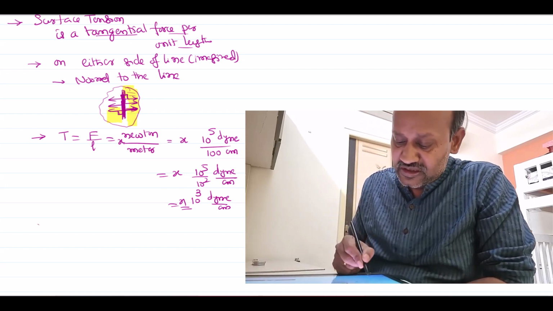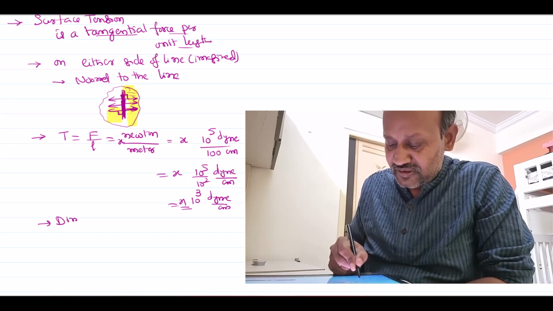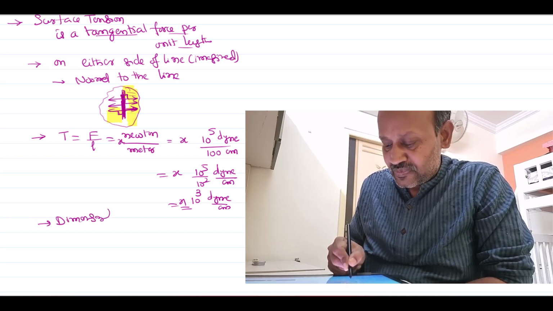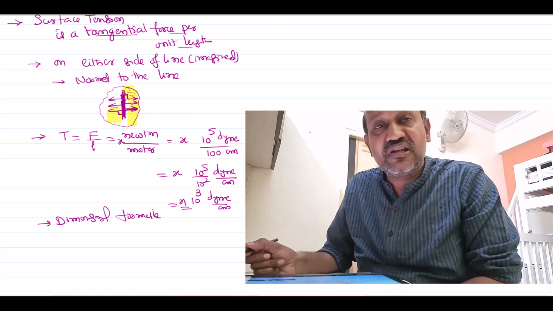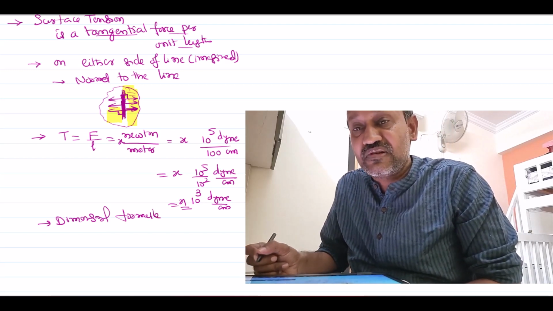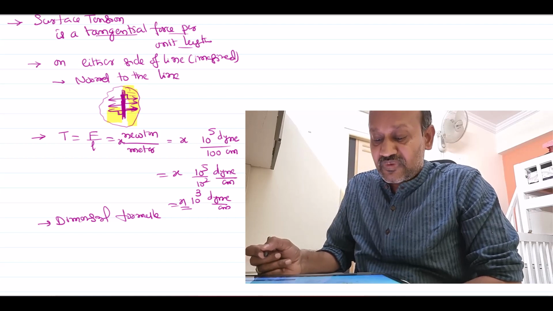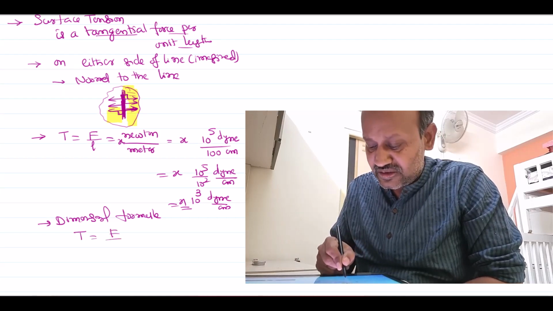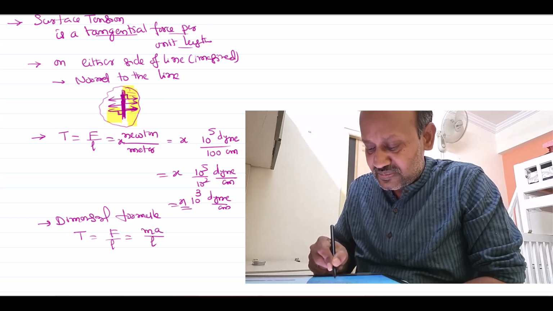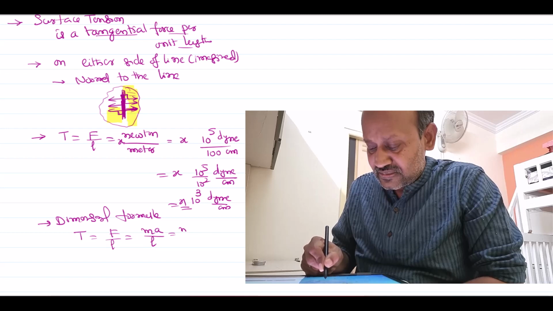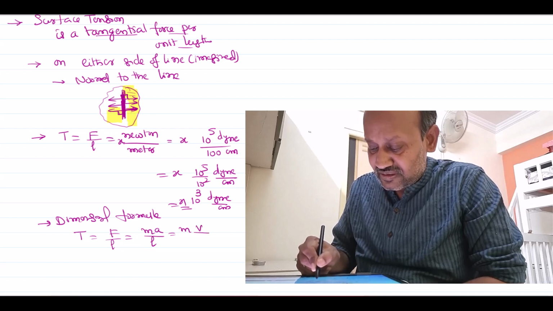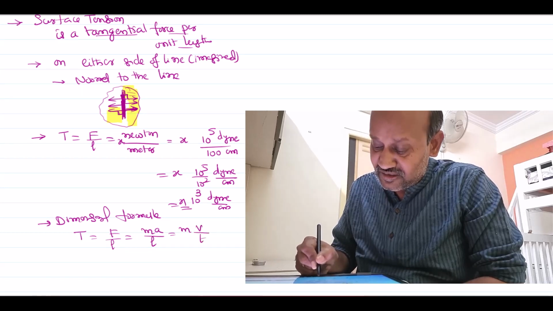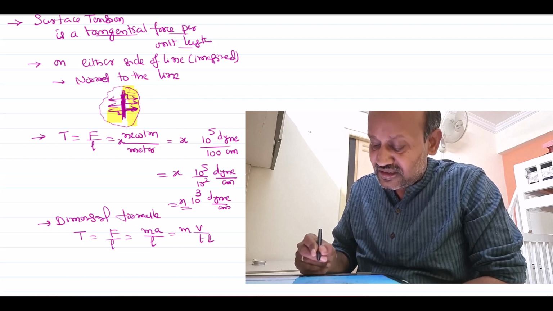Now we can also write something called the dimensional formula. Dimensional formula is the representation of a physical quantity in terms of fundamental quantities of the SI system. So the definition of surface tension is force per unit length. Force is mass into acceleration, per unit length. Acceleration is change in velocity by time, and of course length.